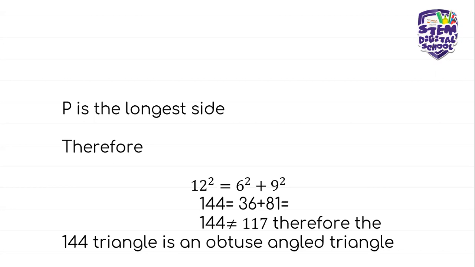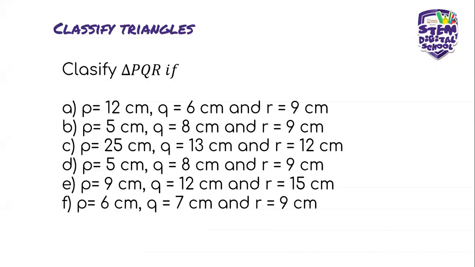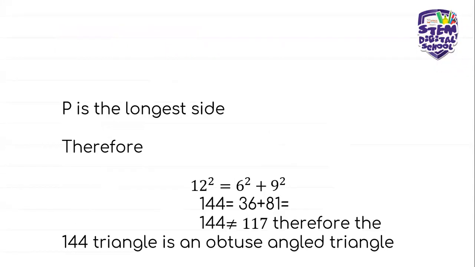Okay? So remember that the 12 is P, the longest side. What are the other sides? The other sides are Q and R. And Q is 6 centimeters and R is 9. Therefore, you will say 12 squared is equal to 6 squared plus 9 squared.